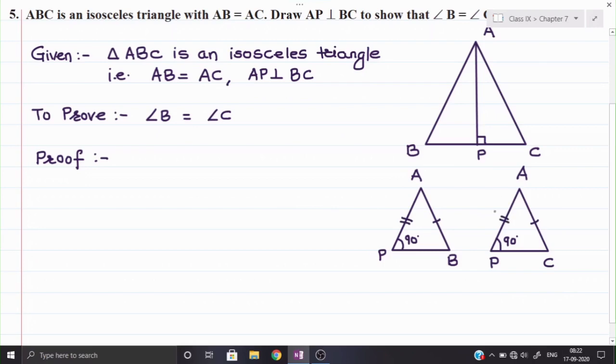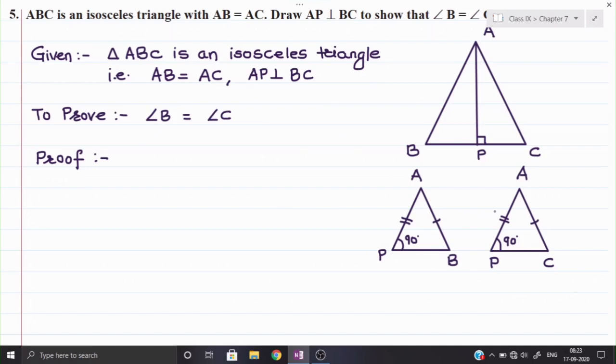Now see, if I don't apply the RHS theorem, can I apply any other theorem? As you can see, two sides and one angle are equal. So definitely here the side angle side theorem might be applicable. But as you can see, the equal angle is not coming between the including sides, between the two sides.